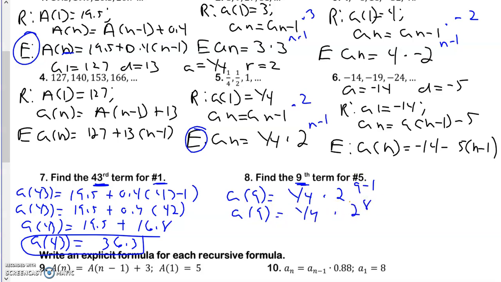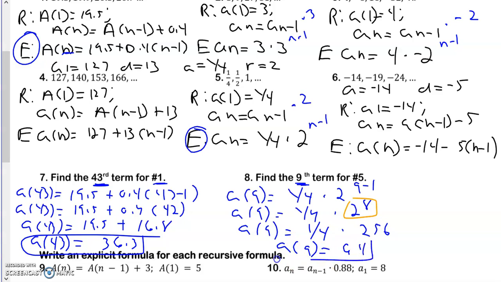I've always told you that you always want to do this first. So 2 to the 8th power is 256. Now in this case, I can actually do it. Sometimes I don't even clear it, and then I multiply by 1/4, and that would get me A of 9 equals 64.